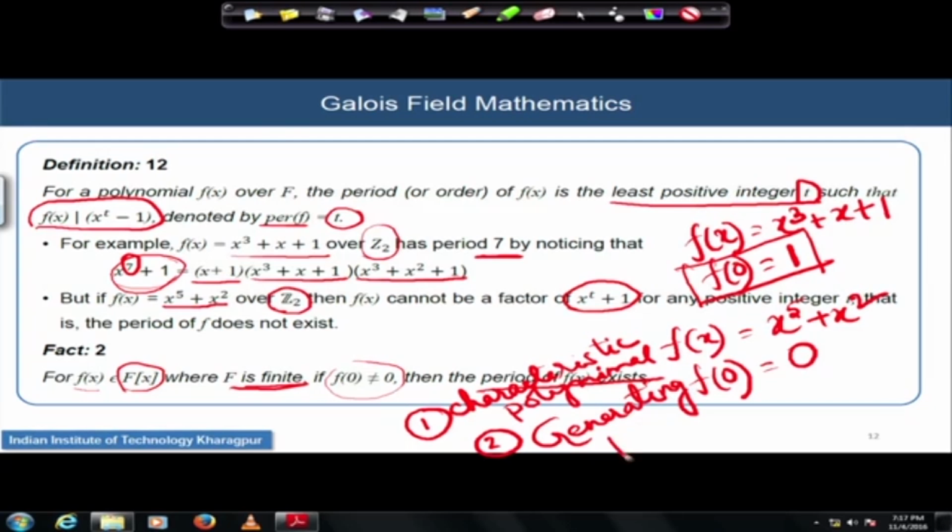It should be able to develop the generating function, where we will see later on that the characteristic polynomial is a divisor of some other polynomial.